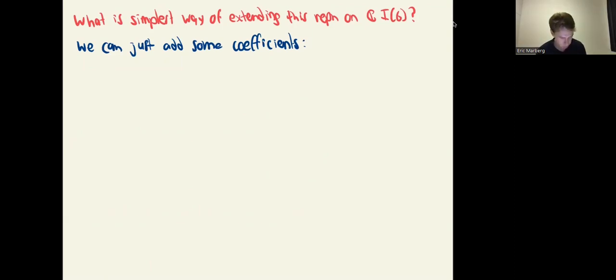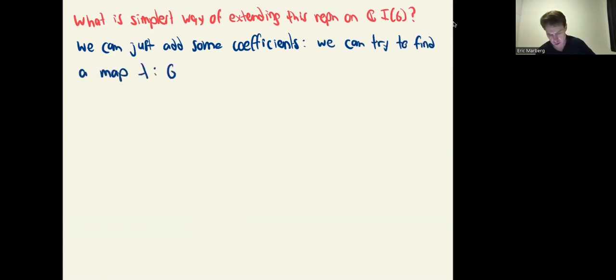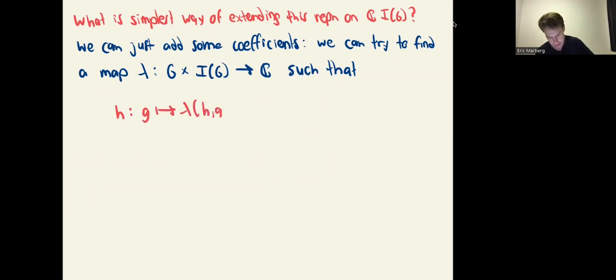So to be more specific, what we can look for is we can try to find a map lambda that goes from G cross involutions in G to C, such that what we want to have happen is we want this formula h sends g to lambda h of g, h g h inverse to be a G representation.